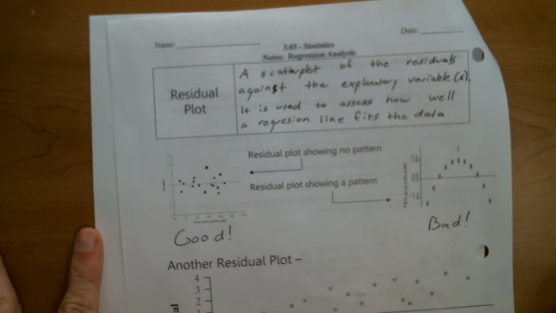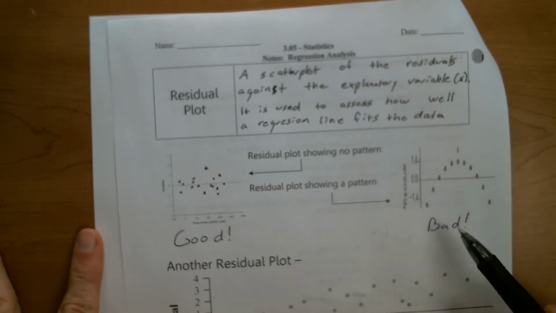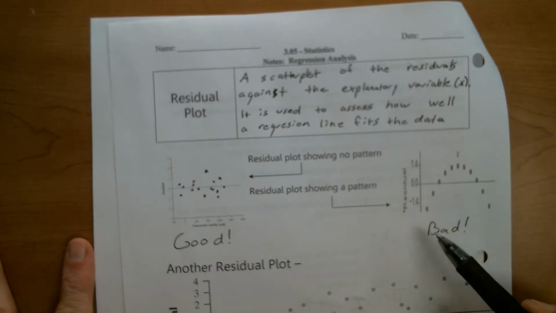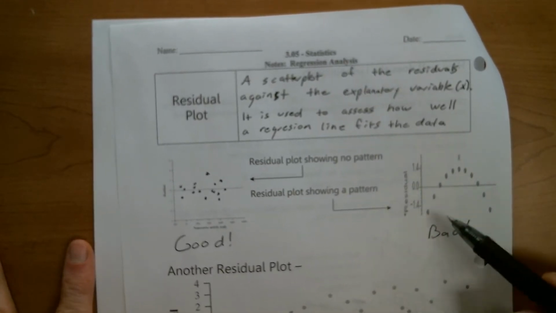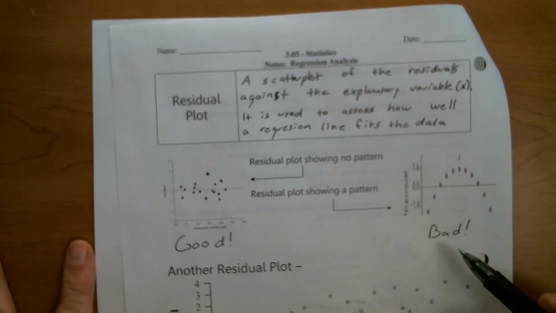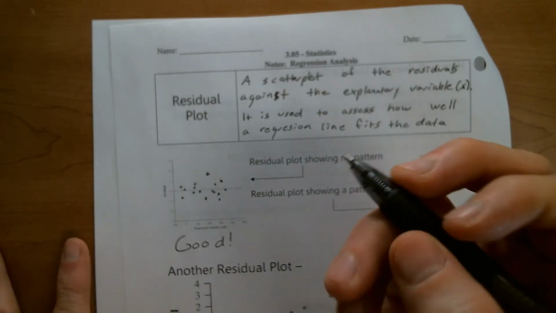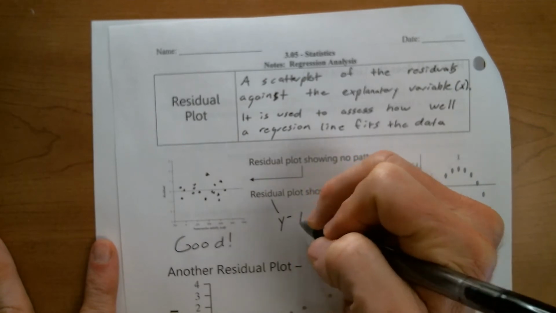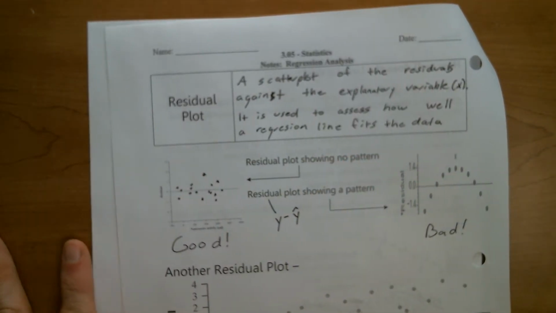This suggests that our data is not linear enough because we're seeing some sort of pattern in the data. And again, this is about as obvious as it's going to get. And just a reminder, the residual comes from y minus y hat. It never hurts to give you that reminder.